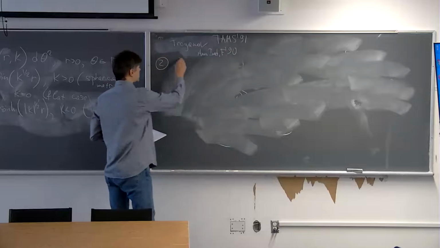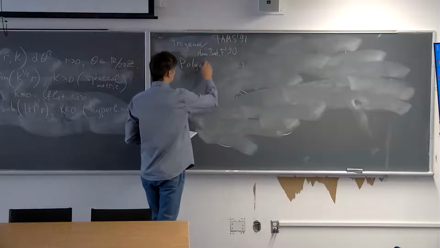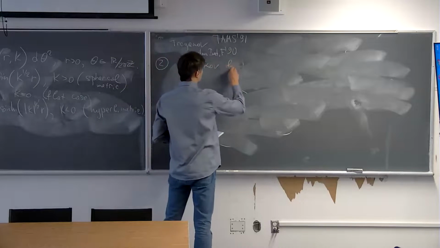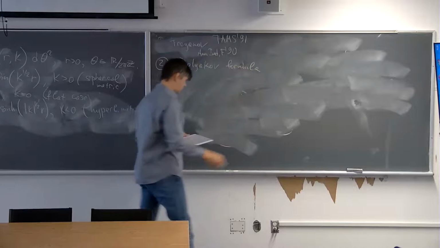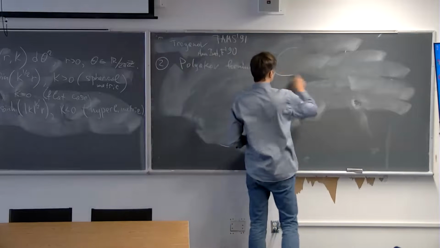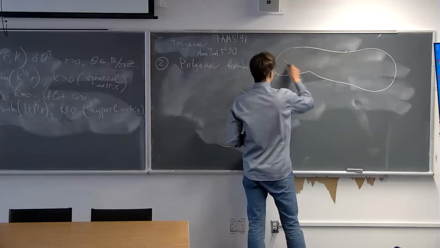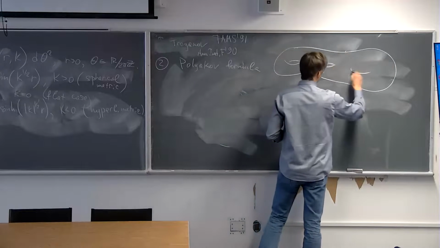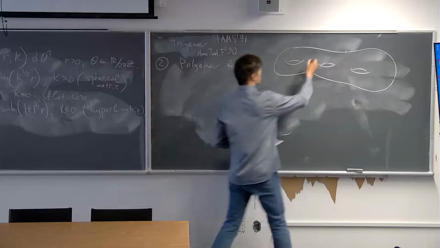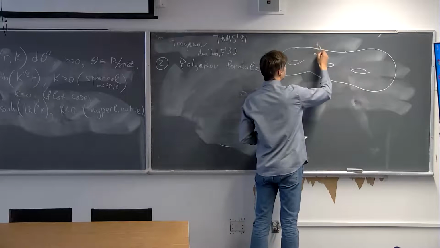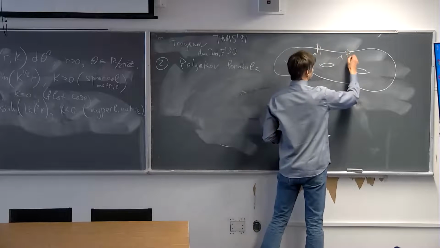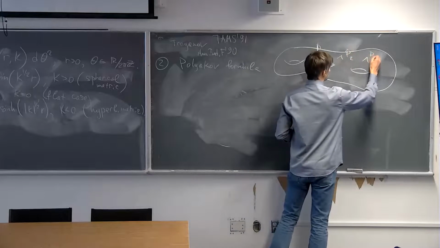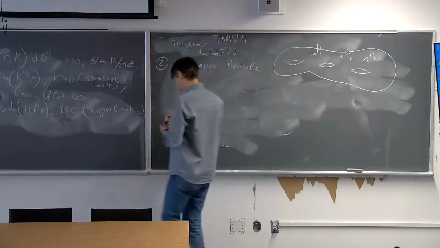So, second part, the conical formula. I'll be considering a Riemann surface of any genus, and then there will be some marked points, or equivalently conical points, P1, P2, P3, and so on.